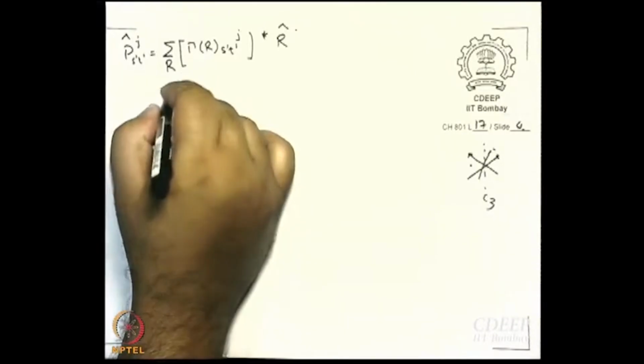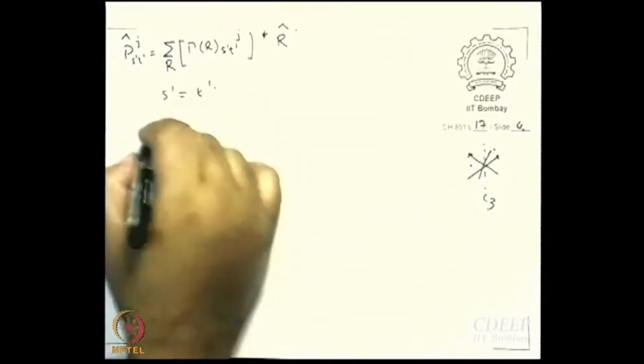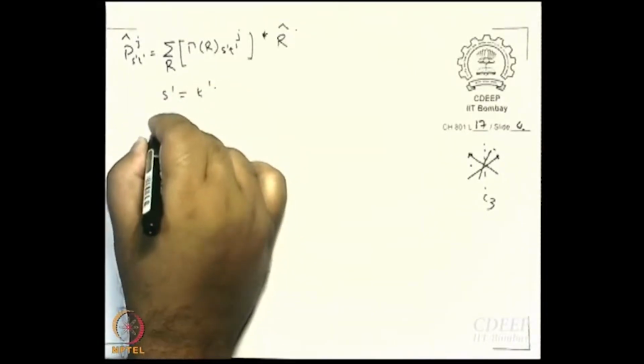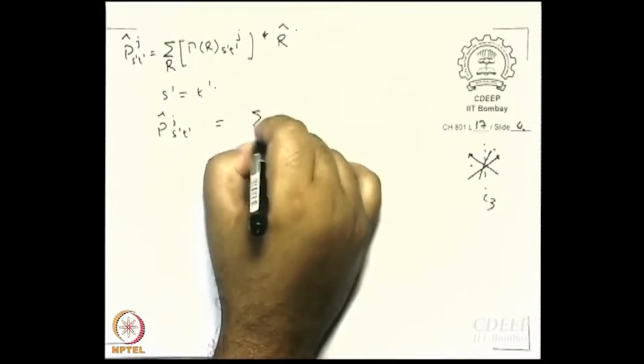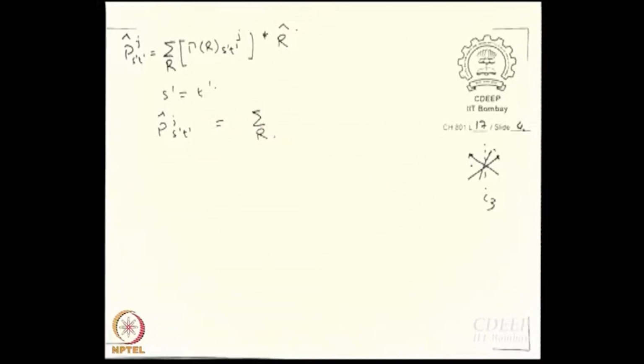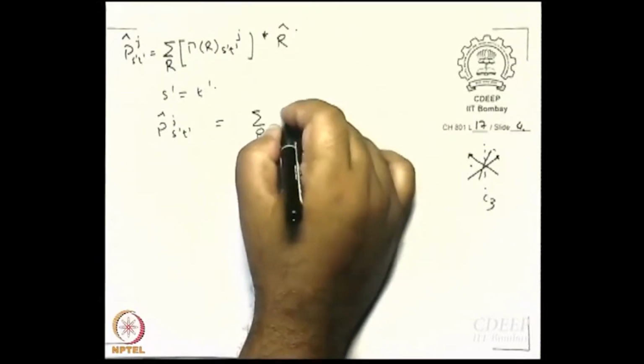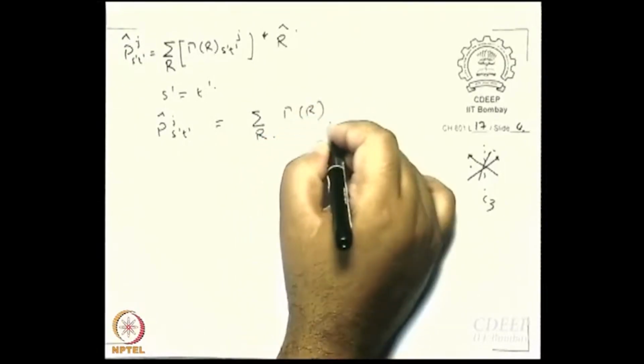So what happens when I write S dash equal to T dash? You get Pj S dash T dash is equal to sum over R gamma R. What should I write now?